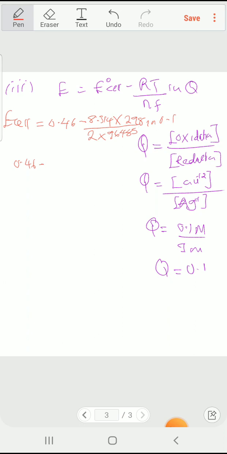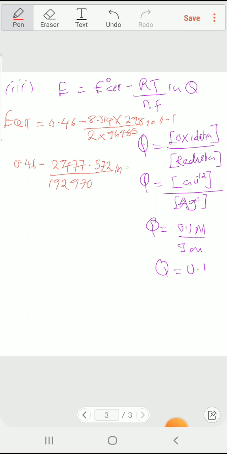What answer am I going to have? It will be 2477.572. Then 2 times 96485 is 192970.